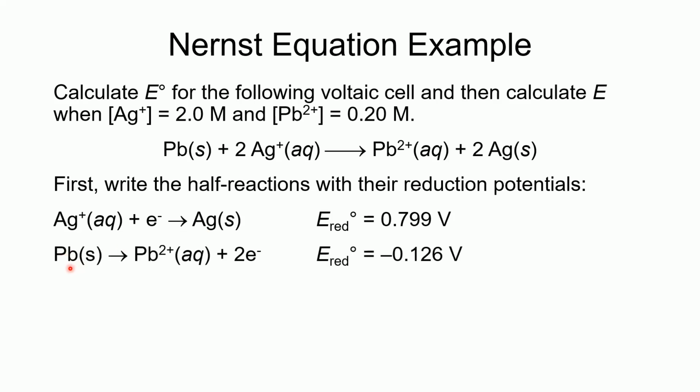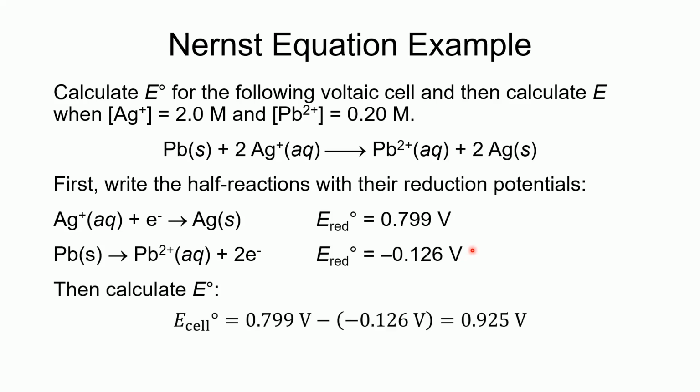And then lead gets converted into lead 2 ion plus 2 electrons, and that has a reduction potential of negative 0.126 volts. The cathode here is the one that has an electron on the left side, so this is the reduction. That's the cathode. So our E cell standard is going to be 0.799 minus negative 0.126, and that's going to give us 0.925 as E cell standard.